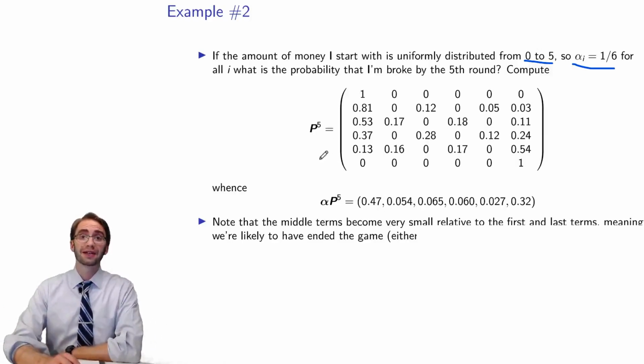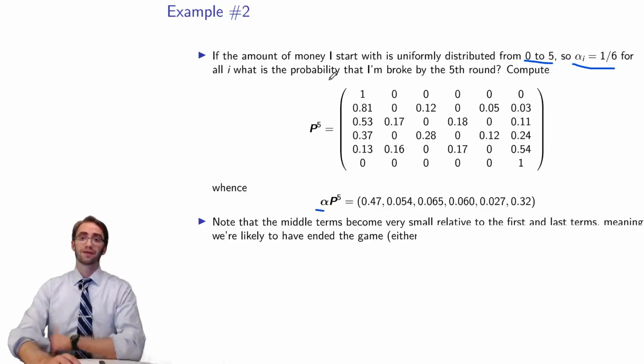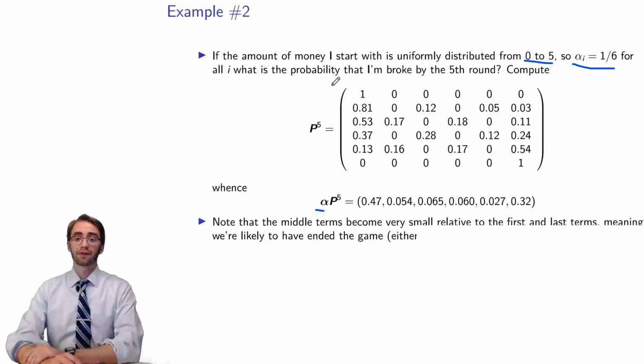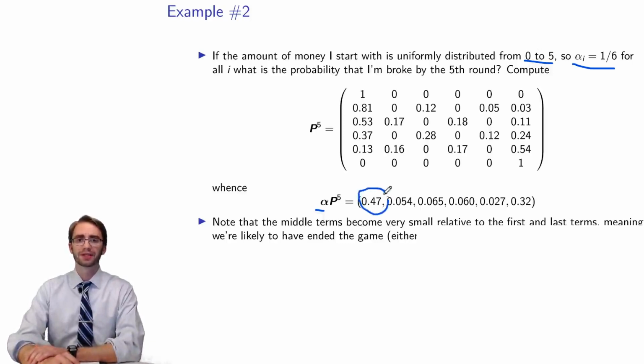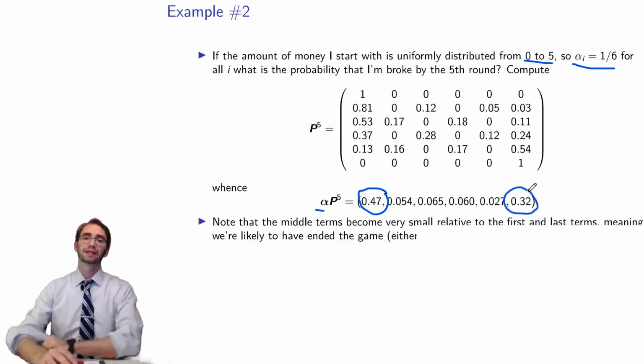Once again, you take this matrix product, P to the 5, and multiply that on the left by alpha, which is just a vector of all 1/6s. And you get this thing. What you should notice is that the biggest terms are either in the 0 or in the 5 section. They're at the endpoints, right?